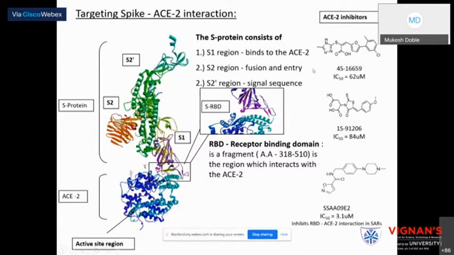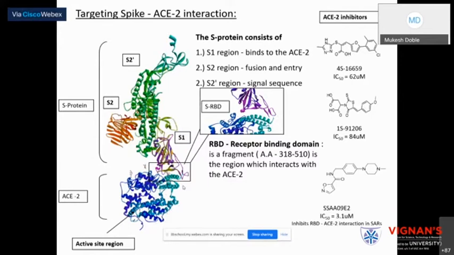There are some ACE2 inhibitors reported here with the IC50 values. That means they will go and bind to the receptor binding domain, so they prevent the spike protein attachment. But there is an important point you need to keep in mind: ACE2 plays a very important role in converting angiotensin 2 to a much more harmless product.